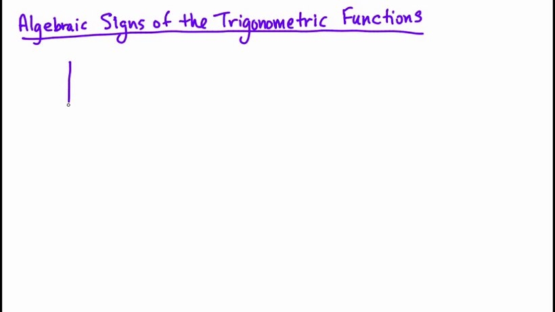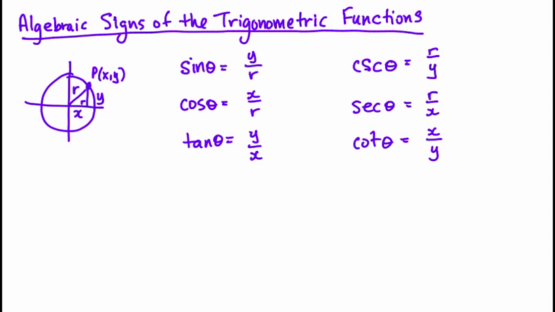Okay, let's first take a look at those angles in the first quadrant. So if we have that, then the x is positive, the y is positive, that r value is positive to get to some point x, y in that first quadrant. And then all of our ratios have both y and r positive in the terms of sine and cosecant.